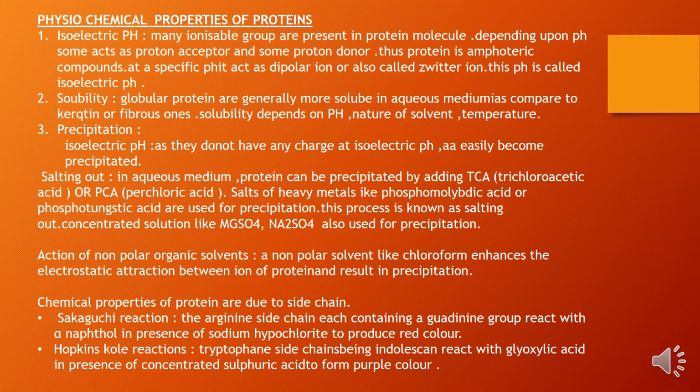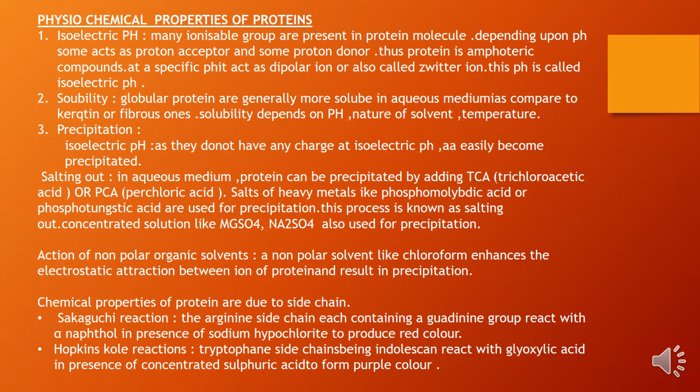This pH is called the isoelectric pH. Solubility. Globular proteins are generally more soluble in aqueous medium as compared to keratin or fibrous ones. Solubility depends upon pH, nature of solvent, and temperature. Precipitation. As proteins do not have any charge at isoelectric pH, they become precipitated.